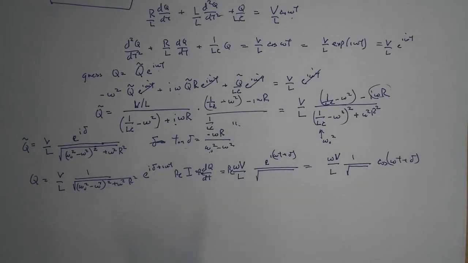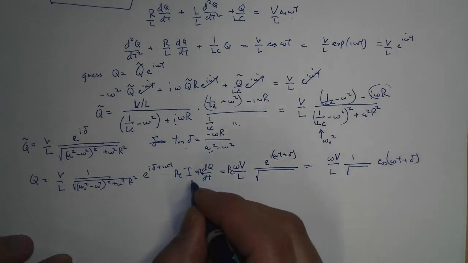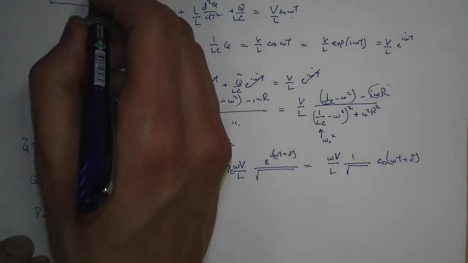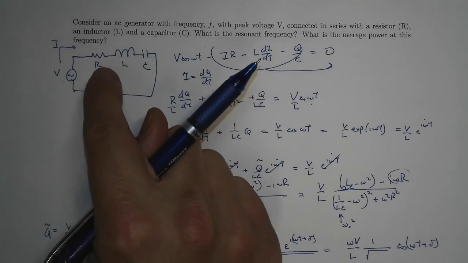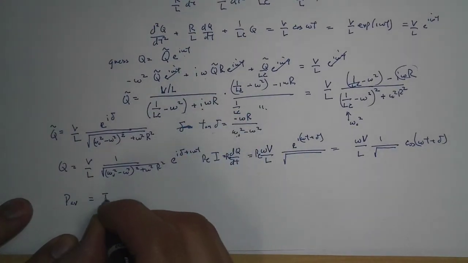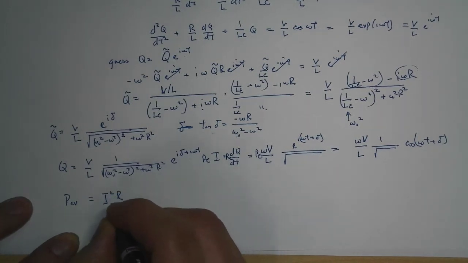Okay, so now to get the rest of it, this is my I. In order to get my average power, P average, it's basically the power dissipated across the resistor here. So this P average is just going to be I squared R averaged over a period.